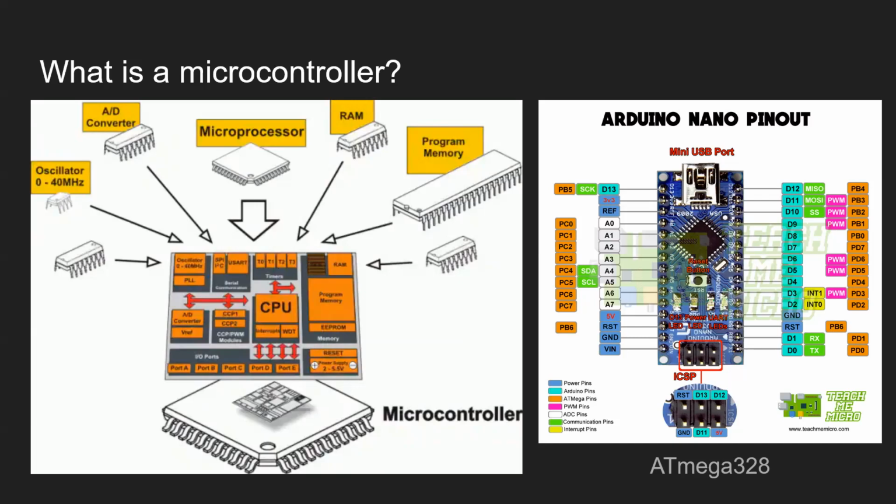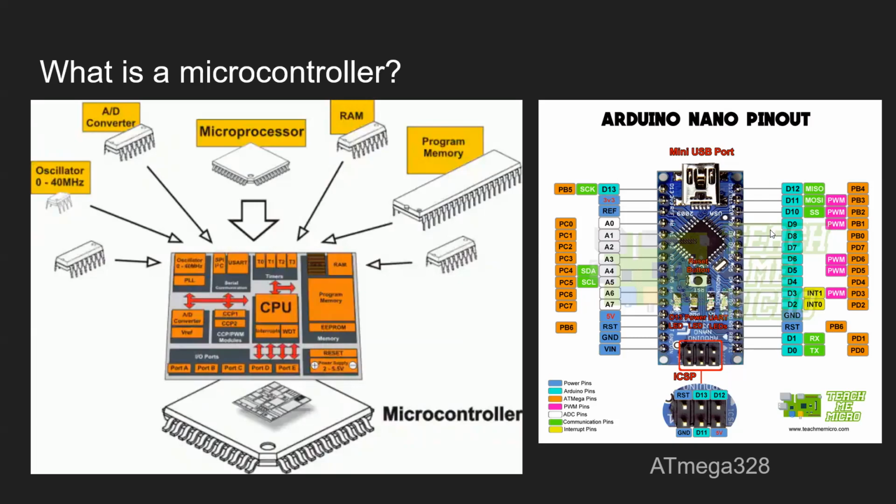But the actual microcontroller on the Arduino Nano is an ATmega328. So if you want to know the specifics of the internals of the thing powering the Arduino, you Google ATmega328 datasheet.